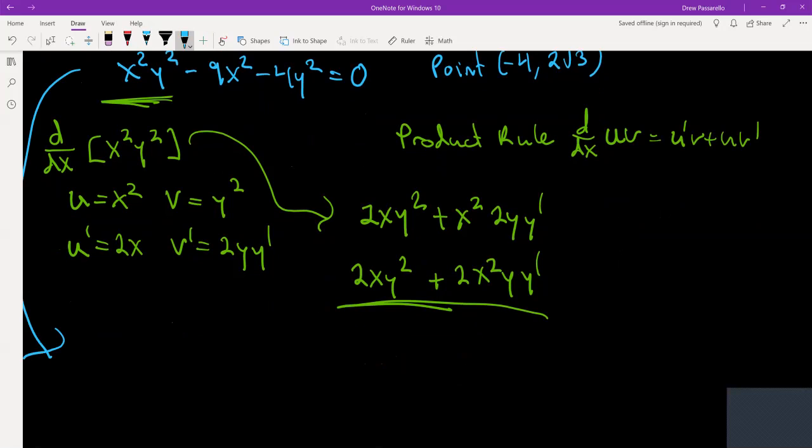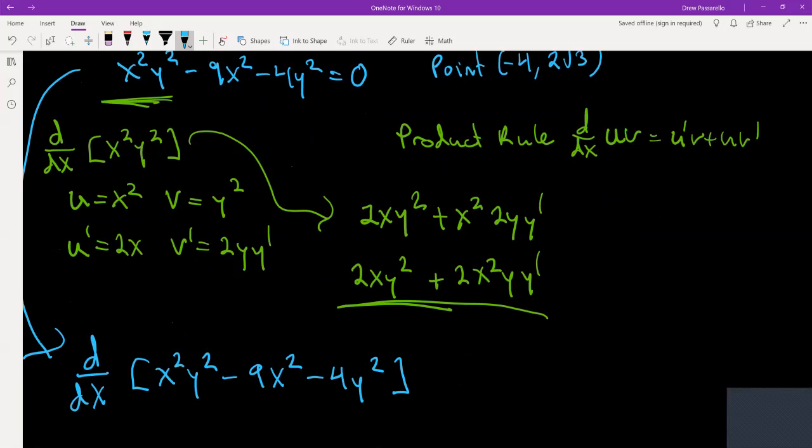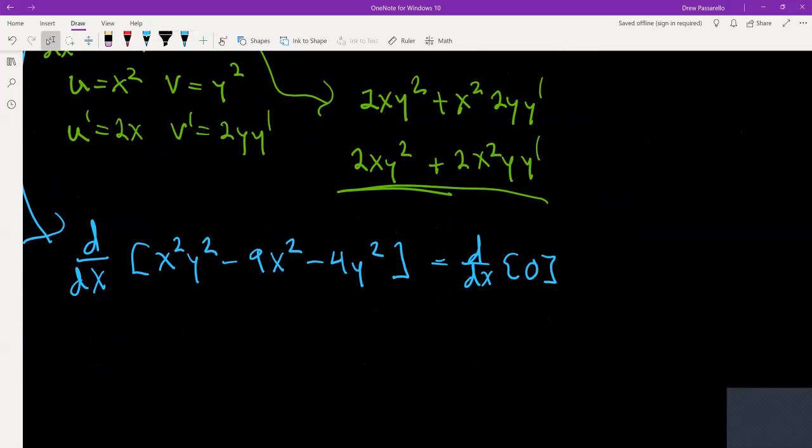All right, so the problem: take the derivative with respect to x of both sides. The right side's just a constant, so its derivative is 0.